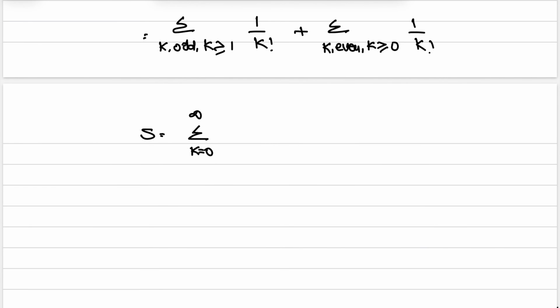Hence, for k is equal to 0 to infinity, when k is odd, k should be odd, 1 by k factorial plus sigma k is equal to 0, k is even up to infinity 1 by k factorial.